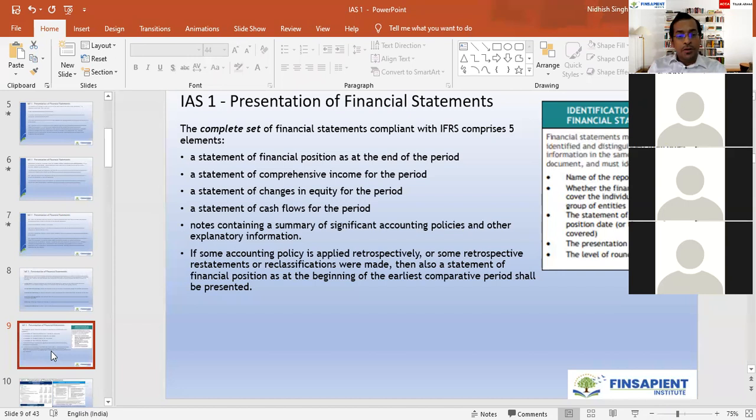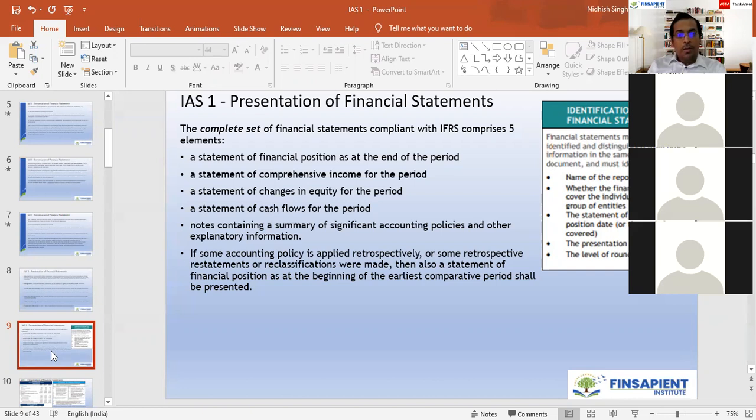There are two types of depreciation: straight line depreciation and reducing balance depreciation, right? So these are two different ways of depreciating. If you change from the straight method to the reducing balance method, or vice versa, it is a change in accounting policy.